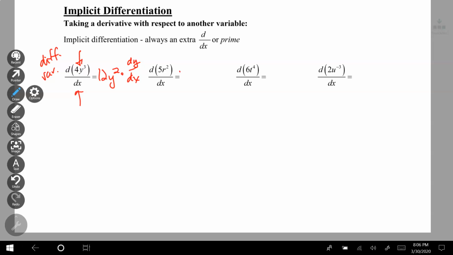This one's going to be 10r times the dr on top, because that's the variable of the expression, over dx, because that's the variable I'm taking with respect to. 24t cubed times dt over dx. And finally, it will be negative 6u to the negative 4 times du over dx.